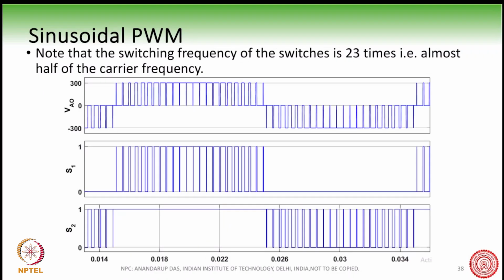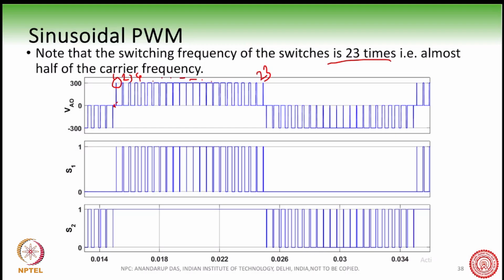Now one of the things that you should note here is that the switching frequency of the switches is half of the carrier frequency. How do you see this is 23 times? You can calculate from here, starting from here, or from here. Suppose you take the top switch, then you will see this 1, 2, 3, 4. You can go on calculating like this. You will come out to be 23 switchings here.